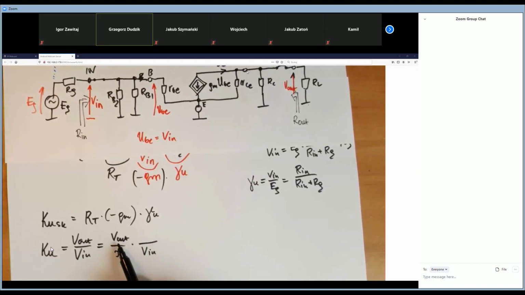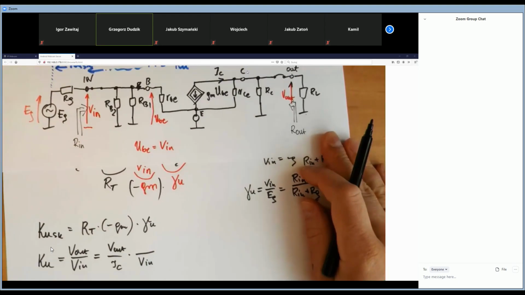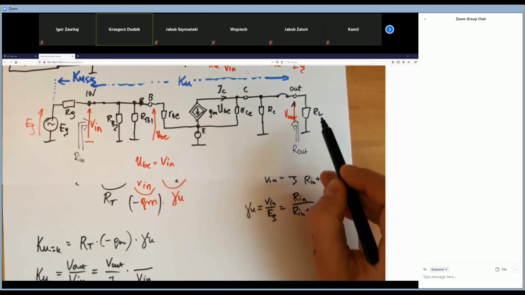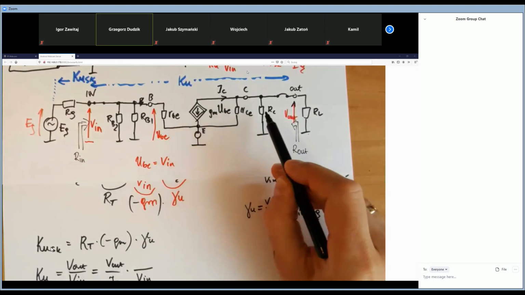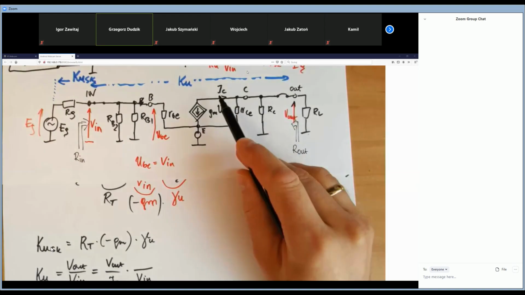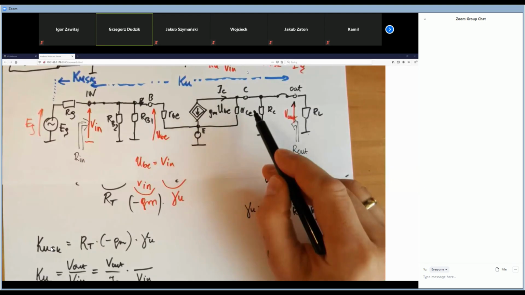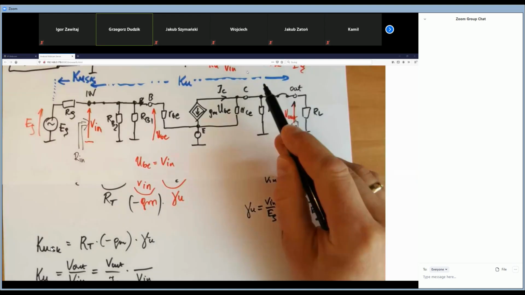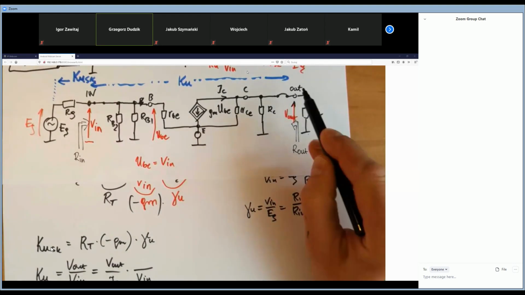What do I get, V out over IC. What is V out over IC according to Ohm's law? This is some resistance, yeah? V out is here, the voltage drop on each resistance connected in parallel. The IC is here. So V out over IC is the total output resistance.